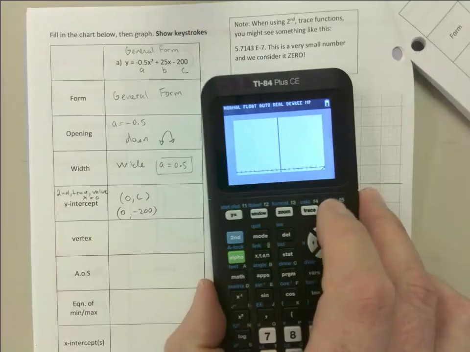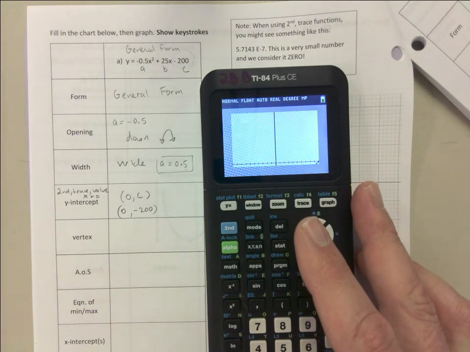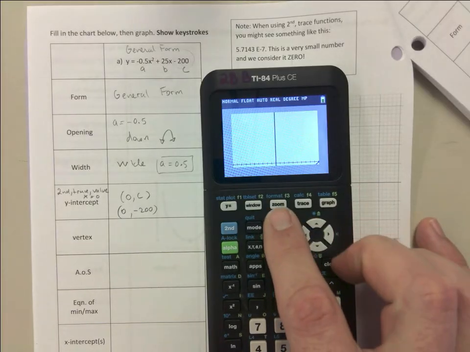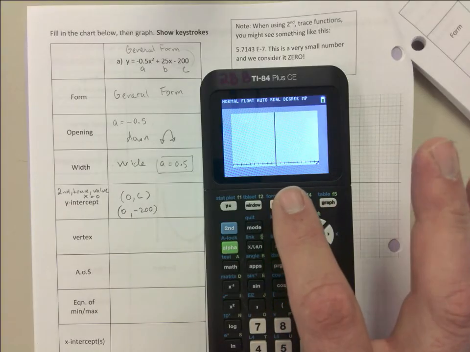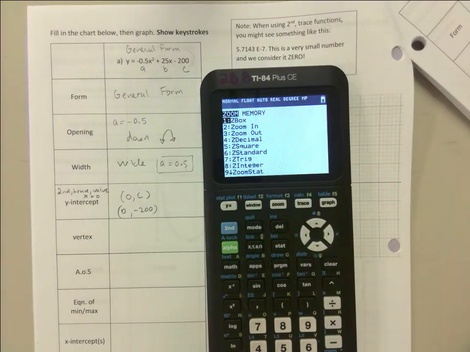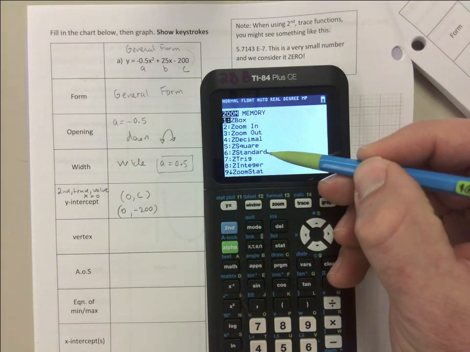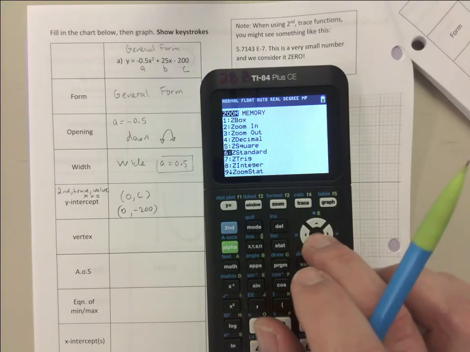So this is where you have to try some features of the calculator. I want you to look at zoom. Zoom is actually very helpful. Can you press zoom? Which one did we already use? We used zoom standard, correct? Let's try zoom fit. Go down the options list.